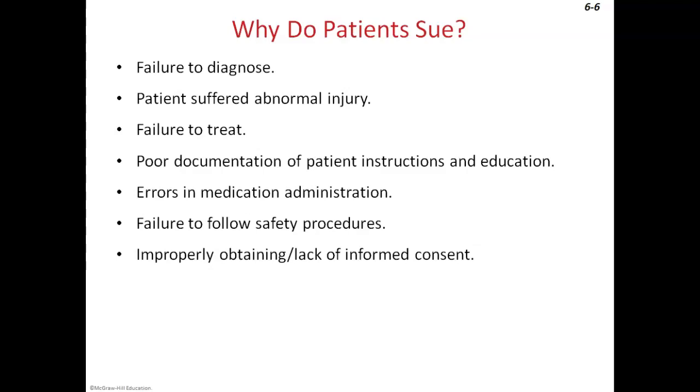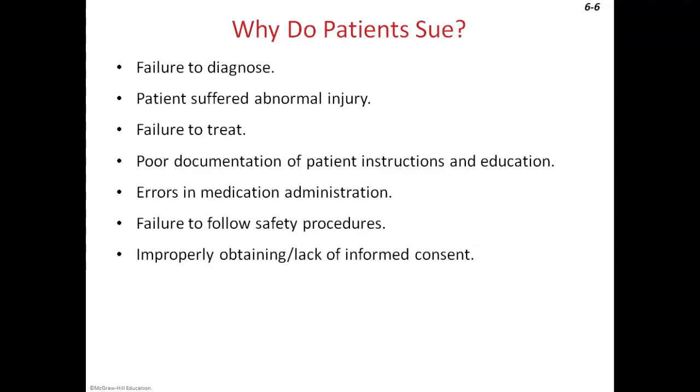They don't feel they were given enough aftercare instructions. They weren't given the correct steps to be successful following leaving the hospital. They feel there was a failure to follow safety procedures, the regular standard of care. Or lastly, improperly obtaining or not obtaining informed consent before a procedure.